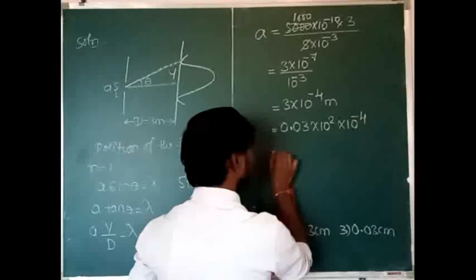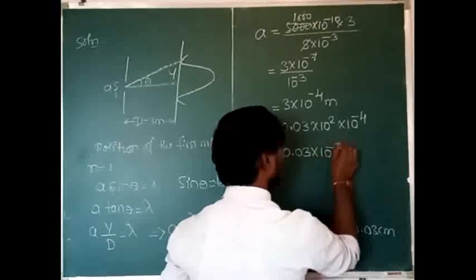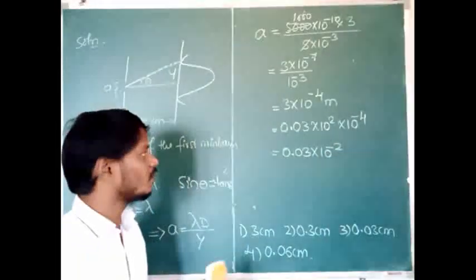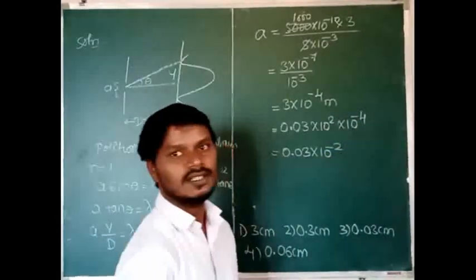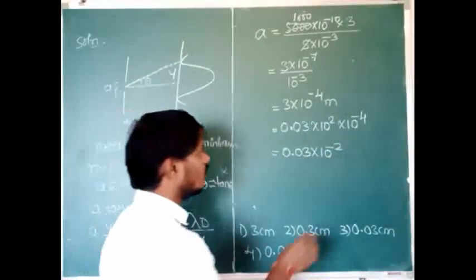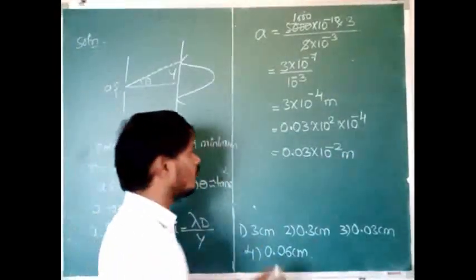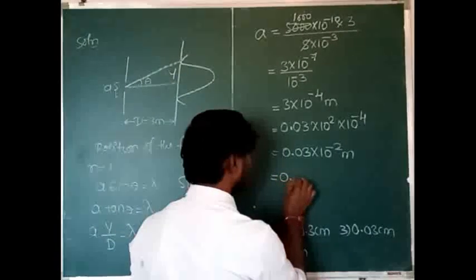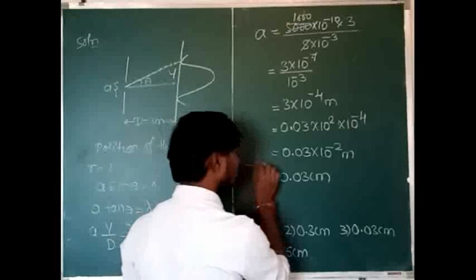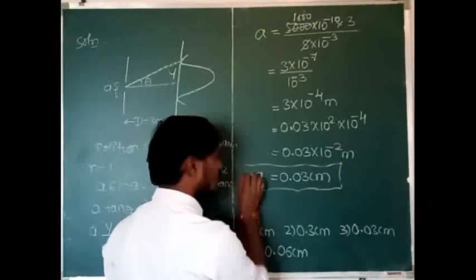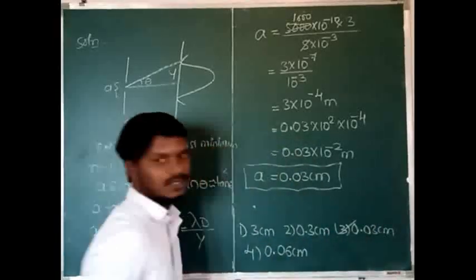Then it is 0.03 into 10 to the power of plus 2 into 10 to the power of minus 4, because the bases are the same, so we are going to add the powers. Then 2 minus 4 is minus 2, and it is in meter. Then 10 to the power of minus 2 meter means centimeter. Then it is 0.03 centimeter. Okay, which is the right option here? Third one is the right option.